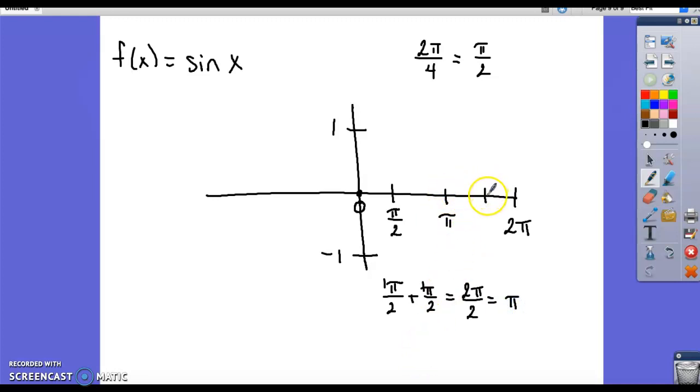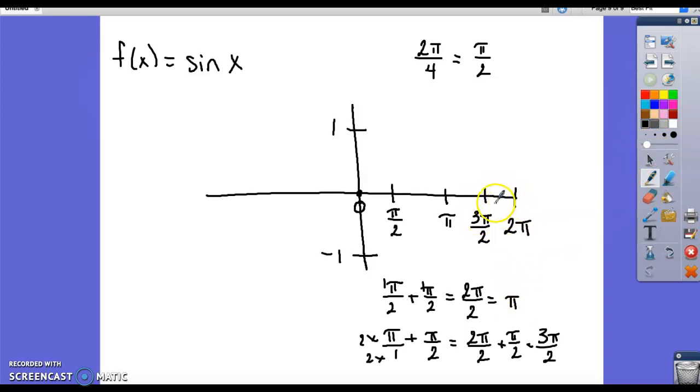Then I'm going another pi over 2 units, so I'm saying pi plus pi over 2. But I need common denominators here. So 2 pi over 2, which we actually already had up there, plus pi over 2 is 3 pi over 2.